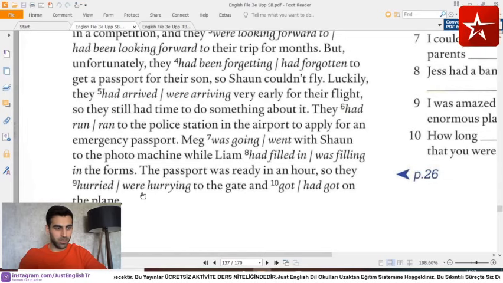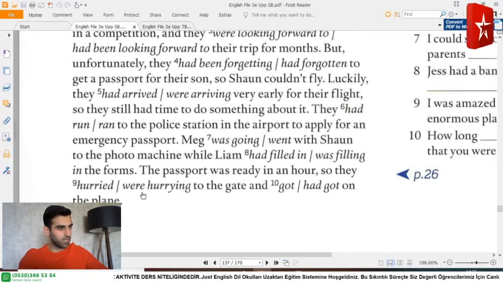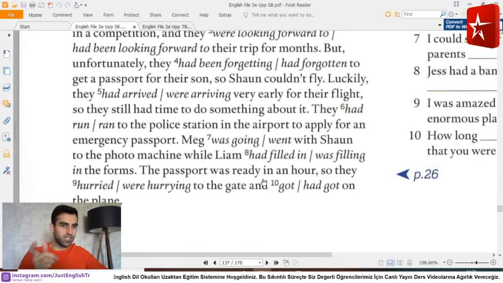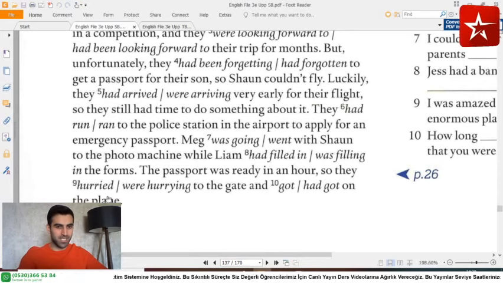Let me tell you the correct answers. Before telling the answer, I'm gonna wait for other students. Okay, for number 9, yes, the passport was ready in an hour, so they hurried. Great, thank you. Thanks so much for your correct answers.